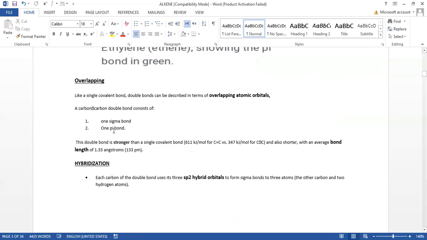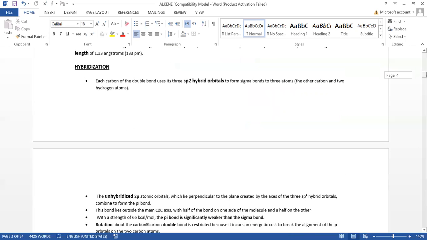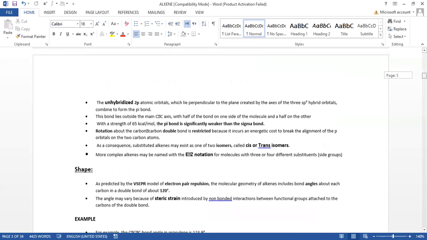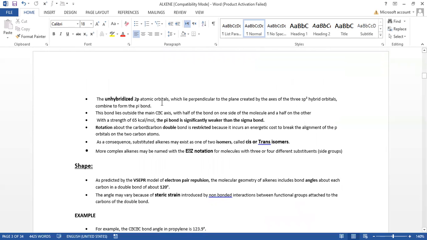One is a sigma bond, and the other one is a pi bond. In hybridization, we see it is sp2 hybridized, in which s and p orbitals hybridize and form three sp2 hybridized orbitals, and the unhybridized 2p orbital gets delocalization and forms the pi bond in the alkenes.